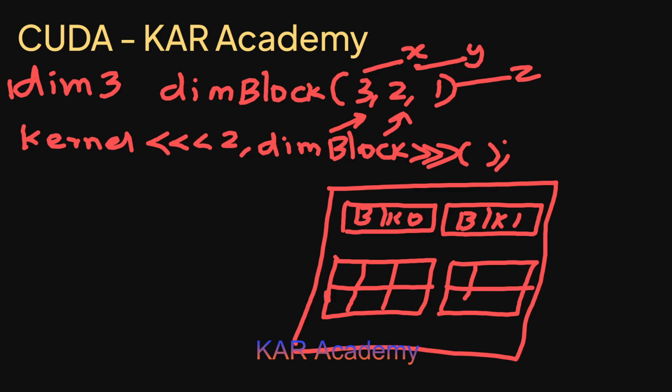Each block is 2 by 3. So you have 0,0, 0,1, 0,2, and 1,0, 1,1, and 1,2. Same here. Each block has 2 rows and 3 columns. So that is what we have seen here.